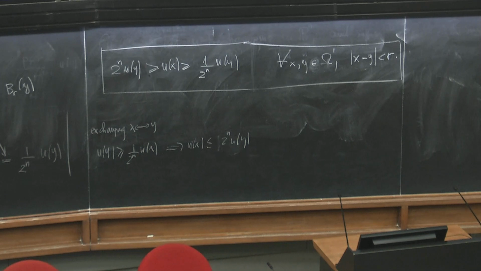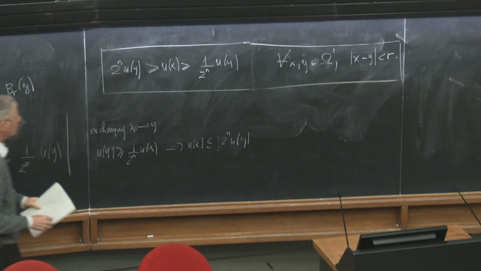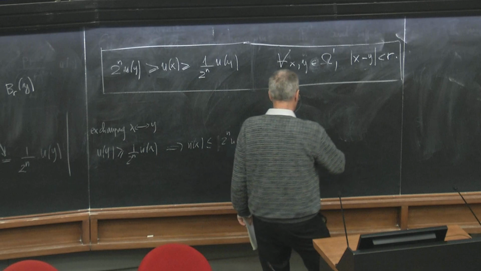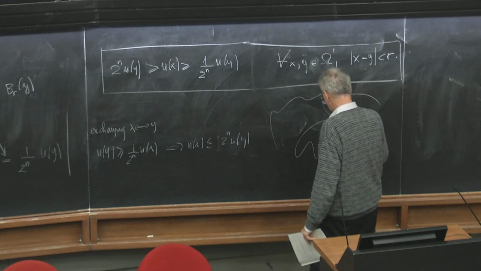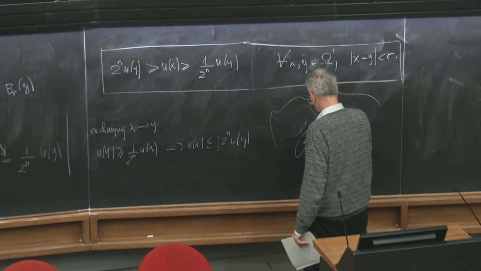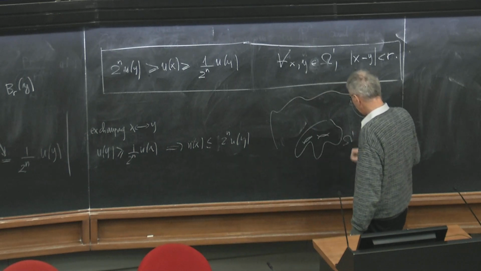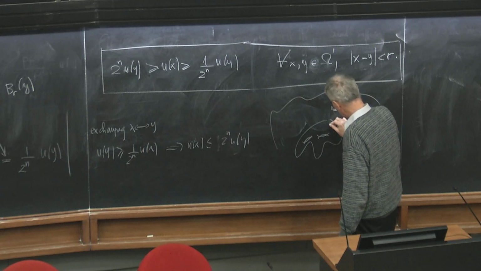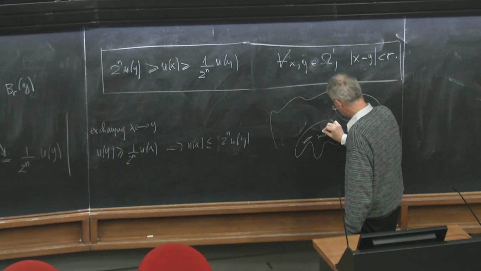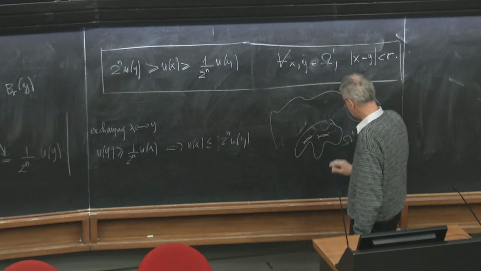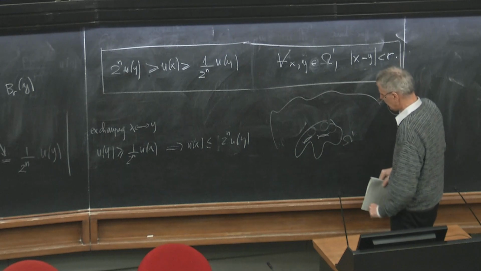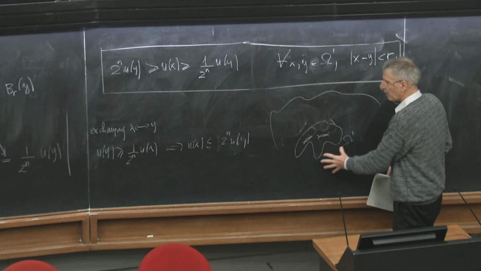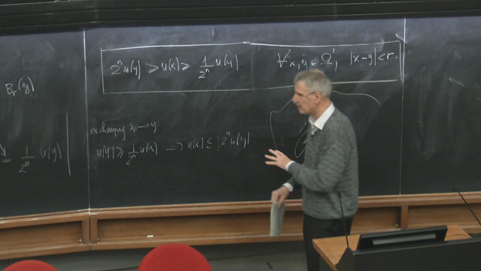Yes. Perfect. Now, this has been obtained only for pairs at mutual distance less than r. So the situation is there is omega somewhere. Then we have this strange set, omega prime. And we have an estimate for pairs of points at mutual distance less than r. Now I want to make this local estimate into a global estimate on omega prime.